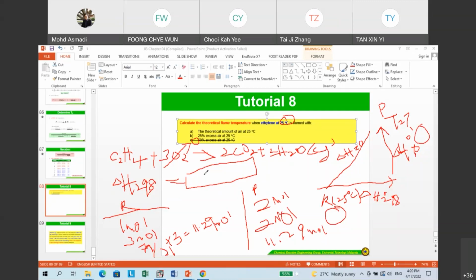Is it clear? You have to determine this one. So please calculate delta H298. This was already taught to you, how to calculate it from the table.